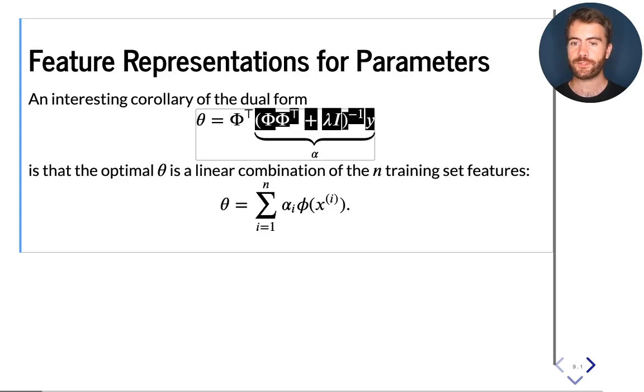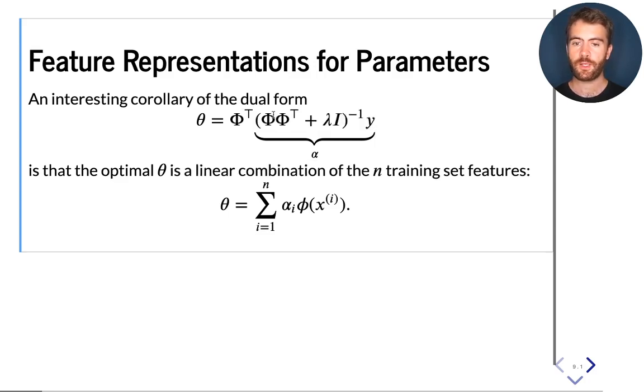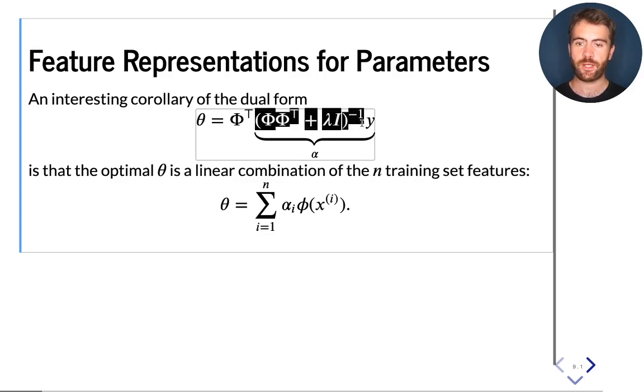It's going to be a vector of dimension n. Here, this is a square matrix of dimension n by n. I take its inverse. That gives me an n by n matrix. Y is a column vector of size n. I multiply an n by n matrix by a column vector of length n. This entire set of operations will give me another vector also of dimension n, which I'm going to call alpha.